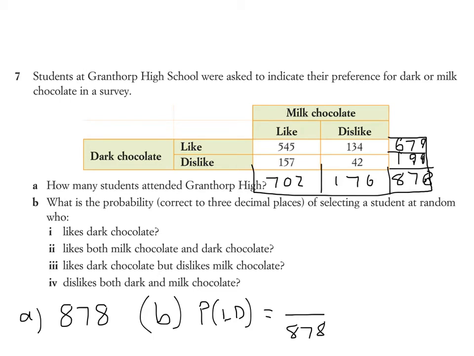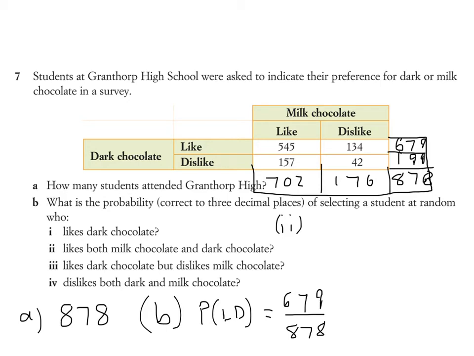And when I look at people who like dark chocolate, it's 679 in total. That makes my job a lot easier. Remember, adding all these scores up saves us some time. 679 out of 878.